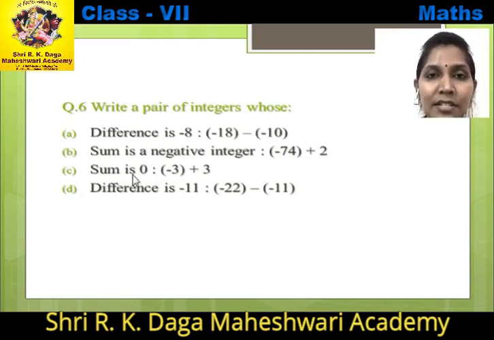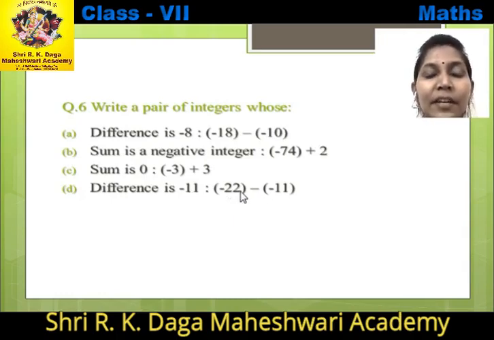Now sum is 0. For the sum 0, we have to take an integer and its additive inverse, then the sum of these two numbers will be 0. Difference is minus 11. Again, like the first condition, we will take any two integers whose difference is minus 11.